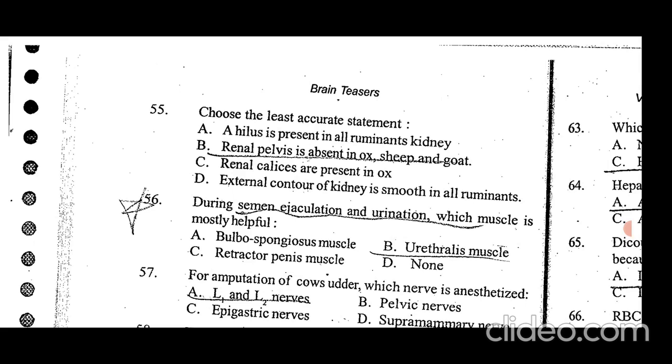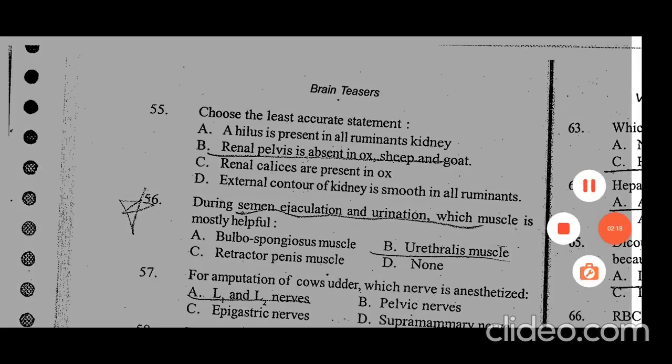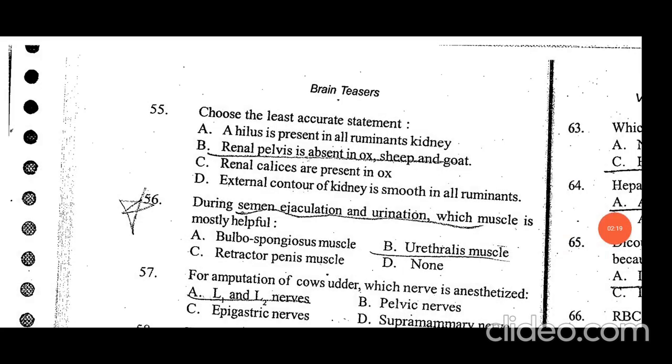External contour of the kidney is smooth in all ruminants, and the kidney of cattle and buffalo is lobular; there are lobes on the kidney.